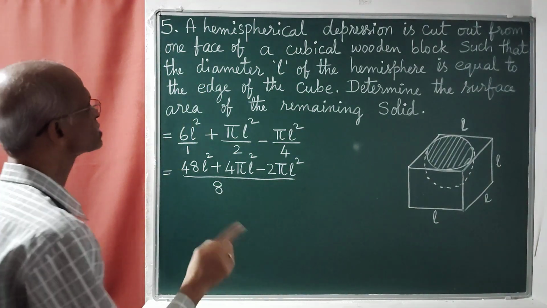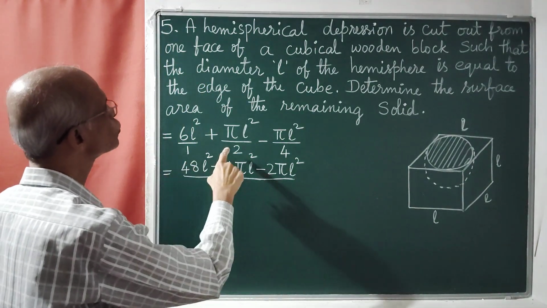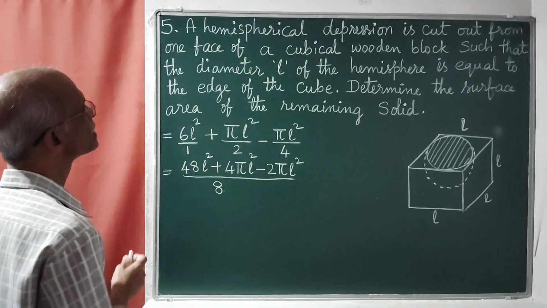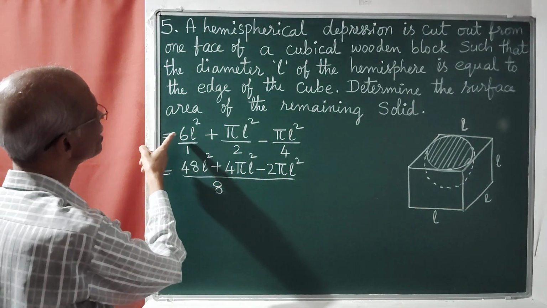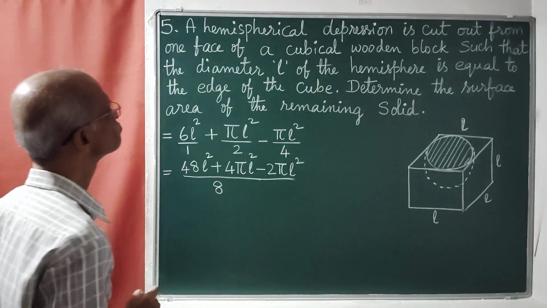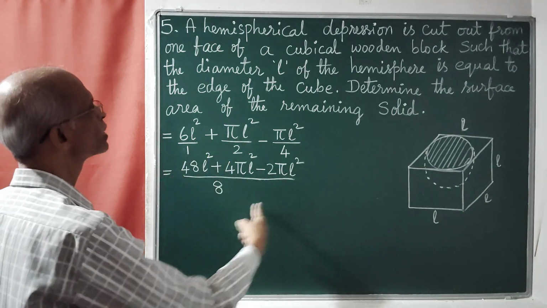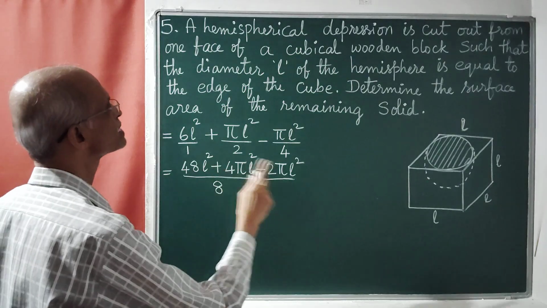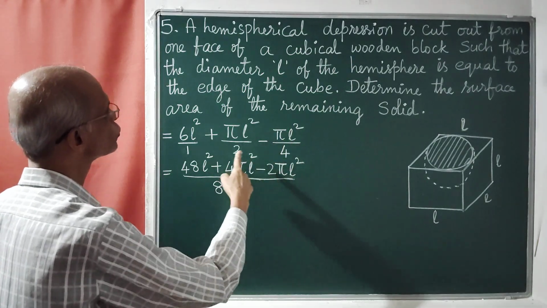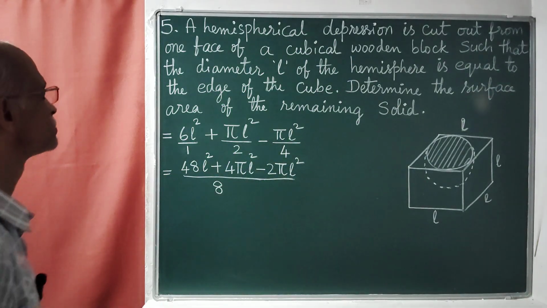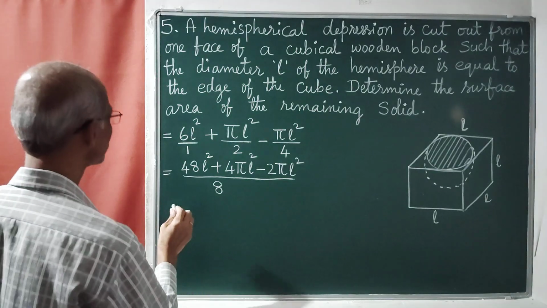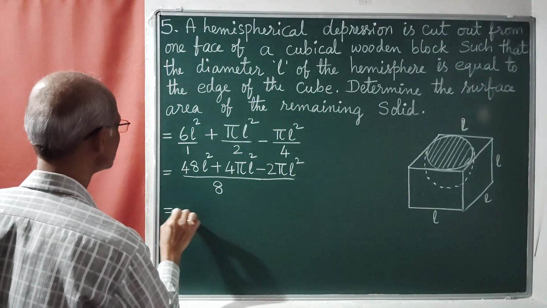You can see here, the first step is 1 into 2 into 4, 8. Next step, 6L square into 2 into 4 plus pi L square into 1 into 4 minus pi L square into 2 into 1. Now we will solve this.